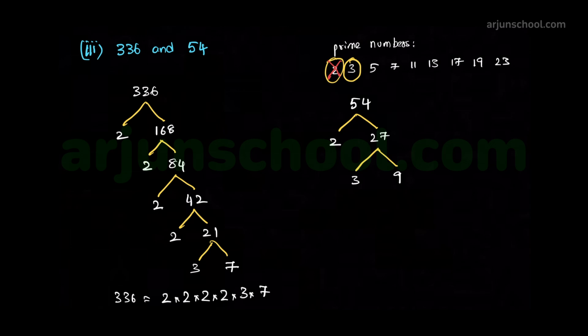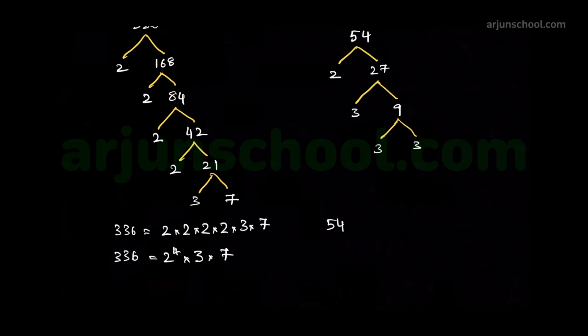Now we have 9. 9 is divisible by 3. Can be written as 3 times 3. Now we have 3. Since 3 is already a prime number, we can stop the prime factorization. Therefore 54 can be written as 2 times 3 times 3 times 3, and this can be written as 2 times 3 power 3.